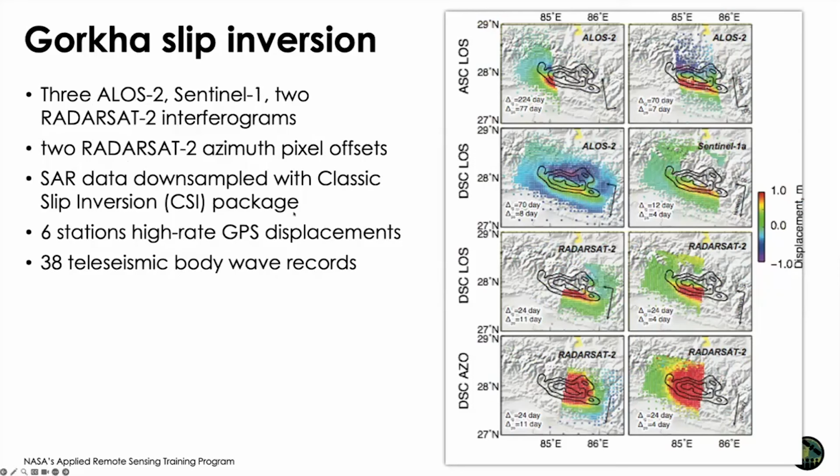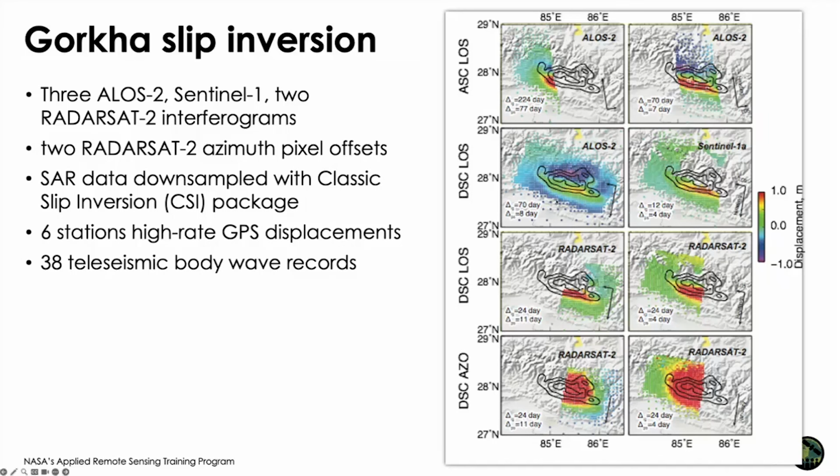So it used only the azimuth offsets from the RadarSat-2 data. But we combined these interferograms and the GPS measurements and teleseismic body waves in a joint inversion to estimate where the slip is.